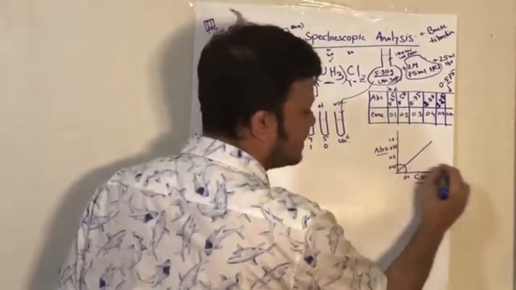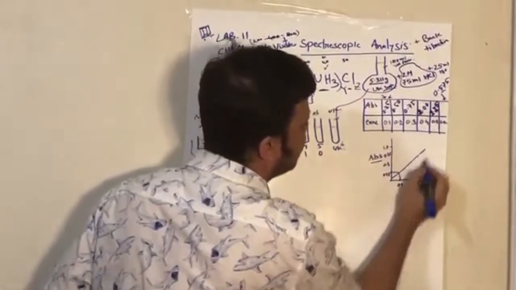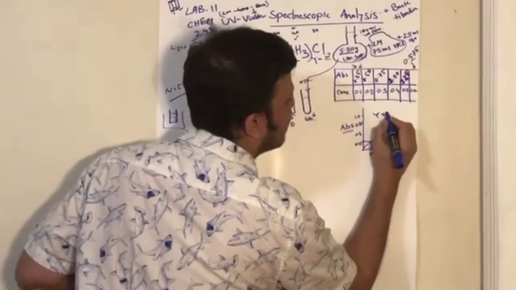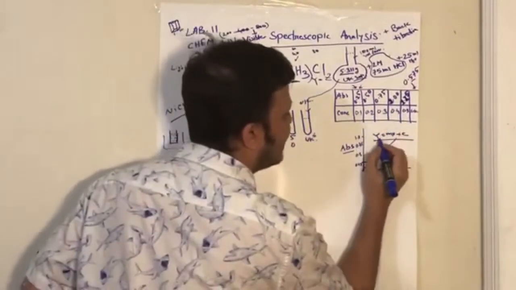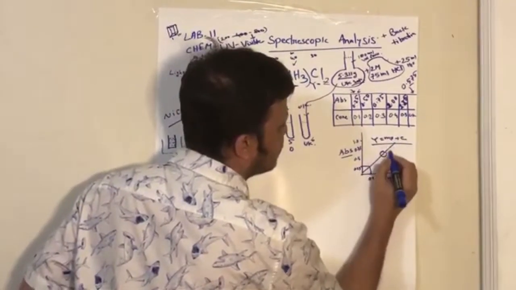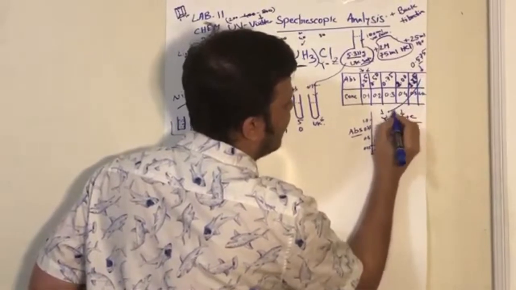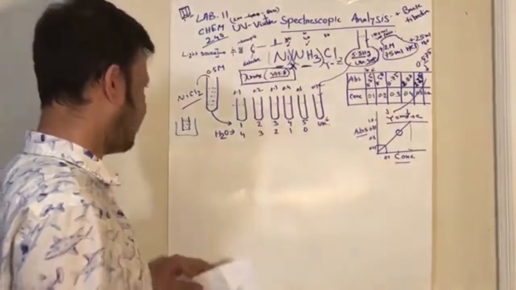From here, put the unknown somewhere over here, and you will get y equals mx plus c. Put this value in and find out the concentration x. Y will be this one and x will be this one. So find out the x.